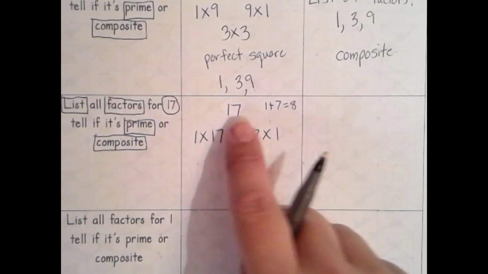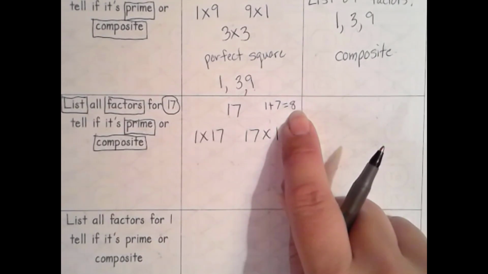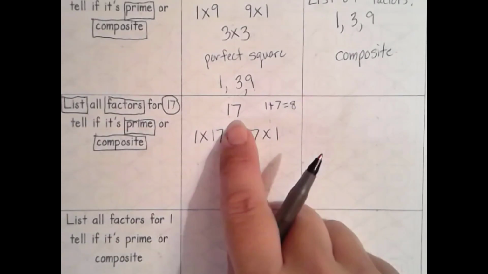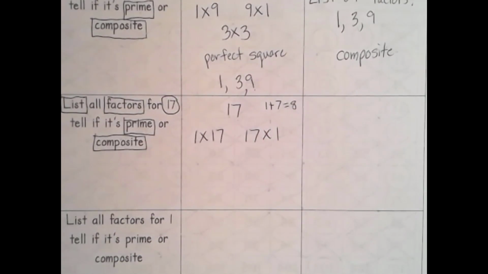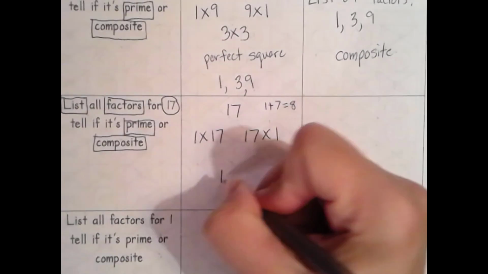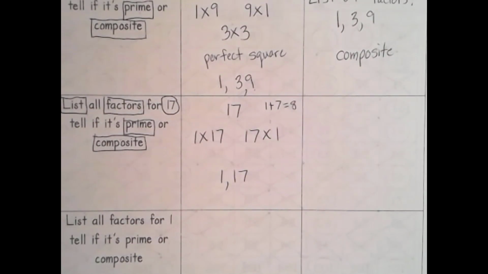Okay, we try 7. 7, 14, 21. No, 17 is not in the list of 7, so 7 is not a factor. We try 9. 9 has the same rule as 3. When we add the digits together, we get 8. 8 is not a multiple of 9. We try 11. 11, 22. No, 11 is not a factor. 13 we try. 13, 26. No. We try 15. 15, 30. No. So there's no other factors. So we only have 1 and 17.